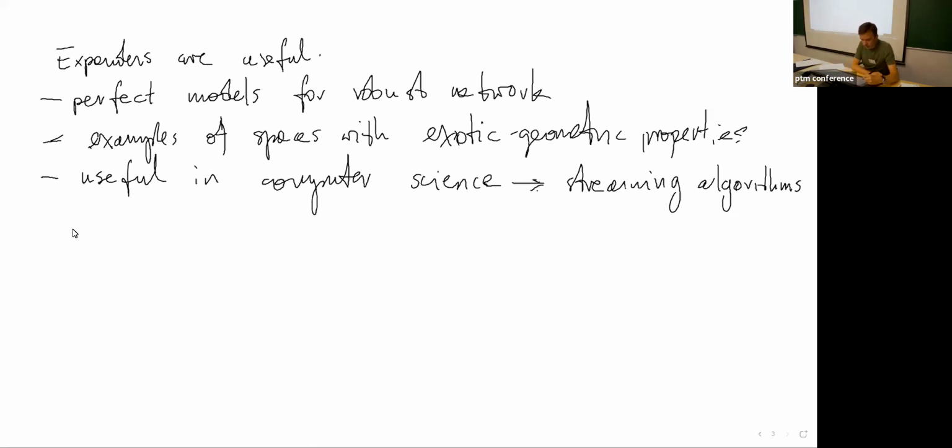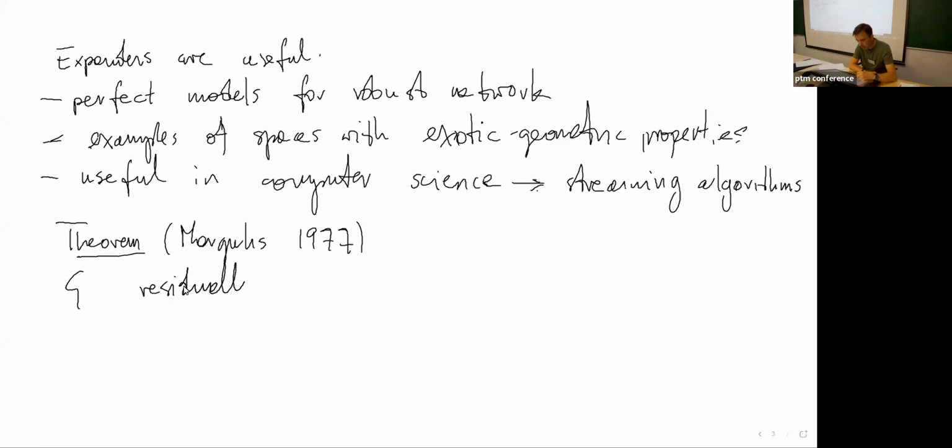Okay, so I will mention in a second one more application, which is in index theory, the one we'll discuss in detail. But before I do that, they are hard to construct, and there are two, maybe three ways to construct expanders, and the first one goes back to Margulis in 1977, who showed the following.